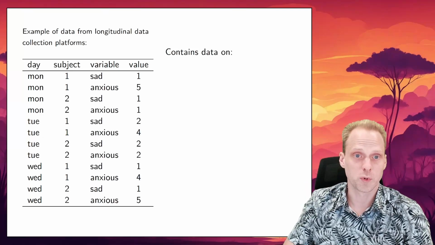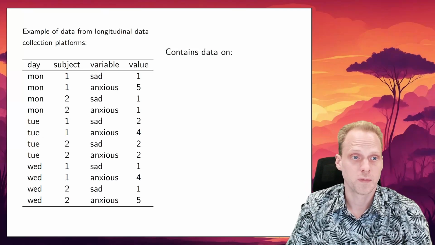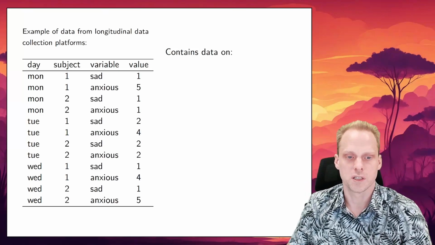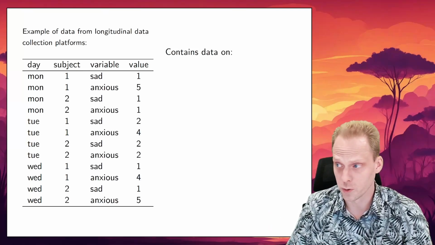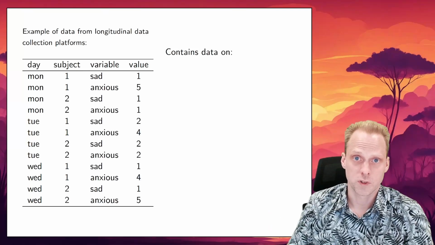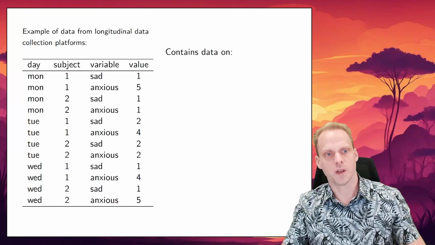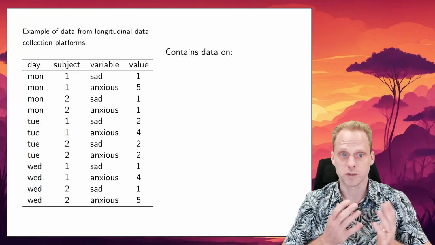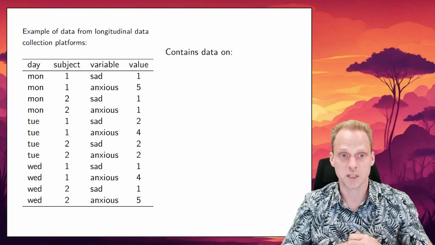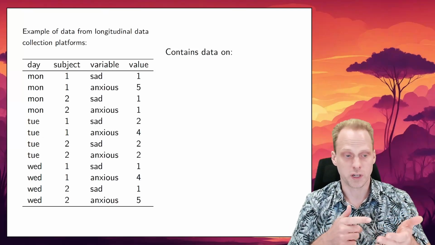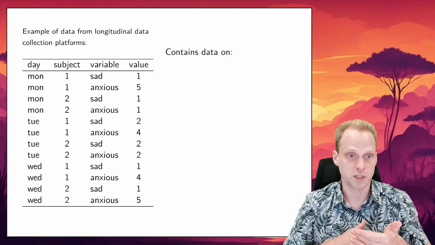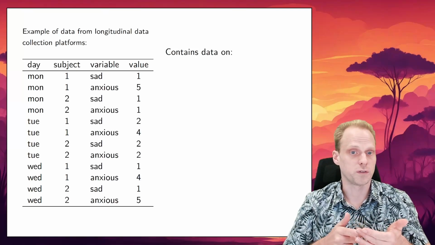So here I have an example of longitudinal data that we collected, or that's actually made up data, but that we could have collected in a longitudinal psychological study. So for example, we might give a set of students or subjects in this case a smartphone app that every day beeps at some point, and every day we ask the student to fill in a questionnaire and rate themselves on some variables.